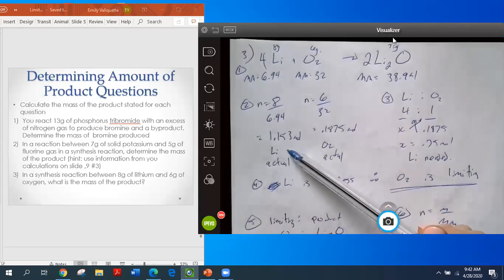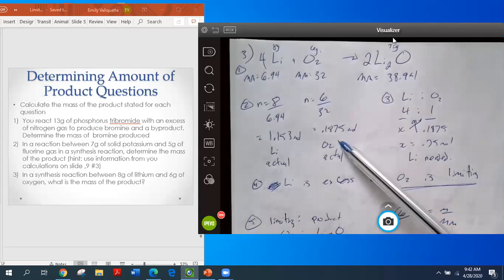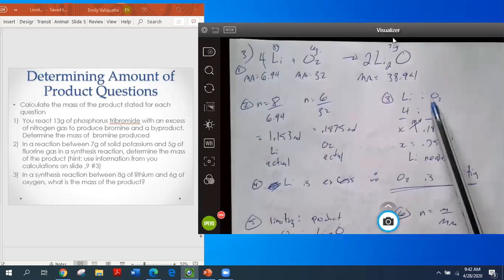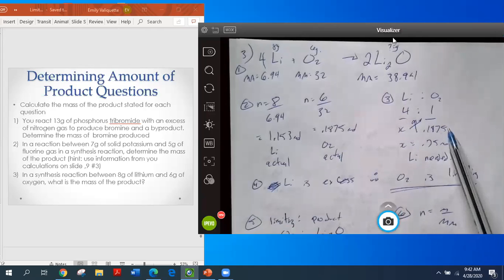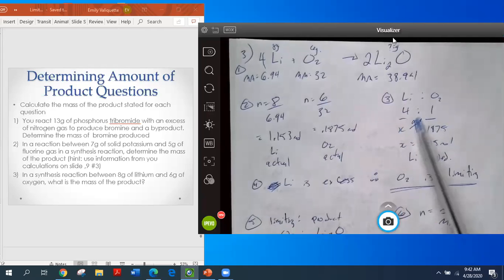You should get 1.153 moles of lithium that you actually have, and 0.1875 moles of oxygen that you actually have. Then you're going to set up a mole ratio between your 2 reagents. It is a 4:1 ratio. We plug in an X on either side, and in the bottom, plug in our actual moles for one of our reactants, and then cross multiply. If you did it the way I did, you would get 0.75 moles of lithium that you need.